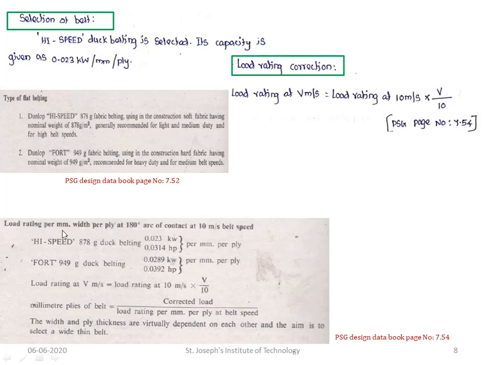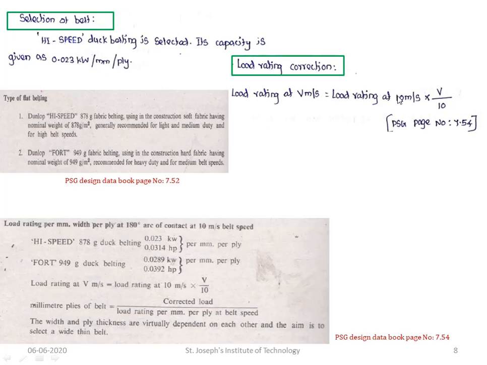Load rating per millimeter per ply at 180 degree arc of contact at 10 meter per second belt speed, for high speed belt duck belting, is 0.023 kilowatt per millimeter per ply. I have given it here.